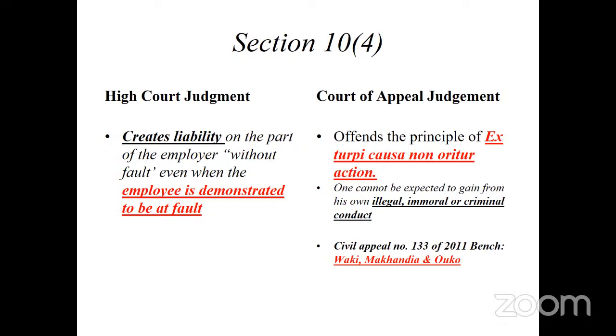You get it? So what happens? The LSK saw there was a gap whereby it deprived the employer of the entitlement to a fair trial in accordance with Section 77 of the former Constitution.